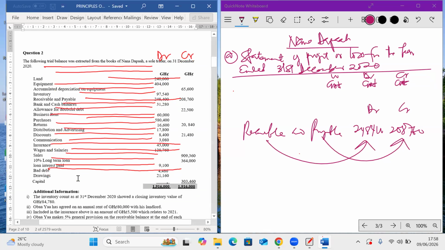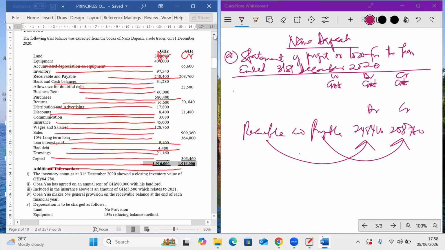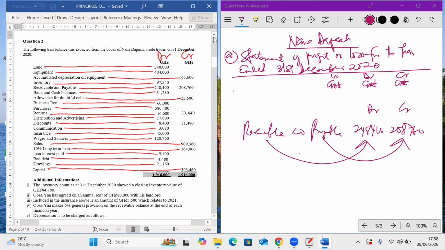All right. So after that, you go to the additional information. Another name for the additional information is footnotes. The additional information is to add or subtract. That's the main work.